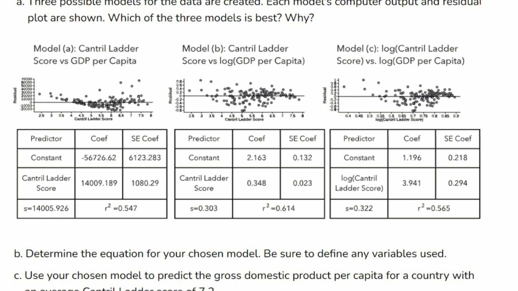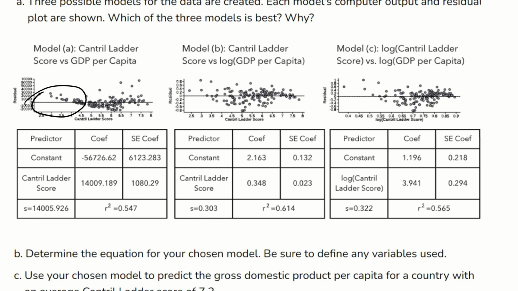If I look at the residuals, there appears to be a pattern here for model A in the residuals. It does not appear to be random, in other words. There appears to be some kind of weird spread out pattern like that. So it's not necessarily random. We're overshooting over here.